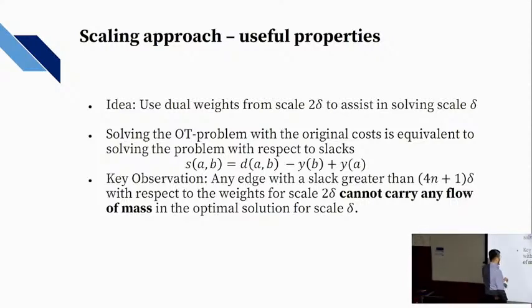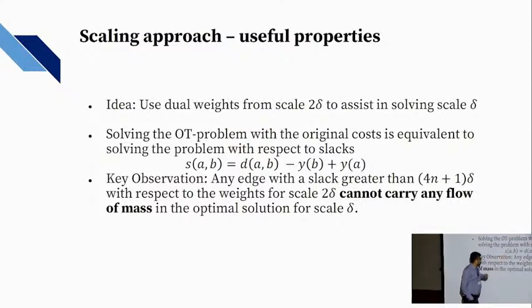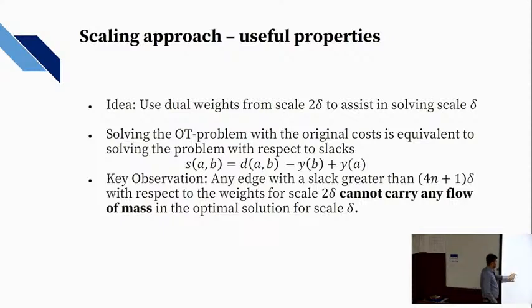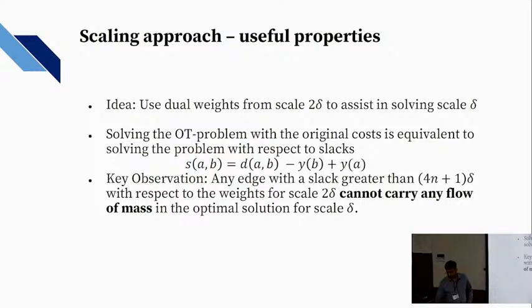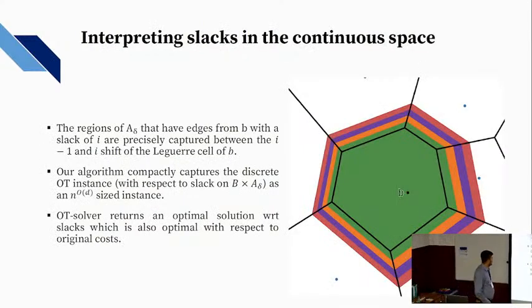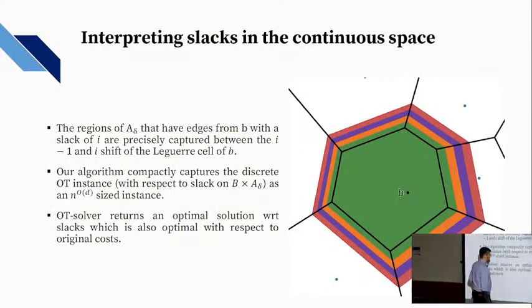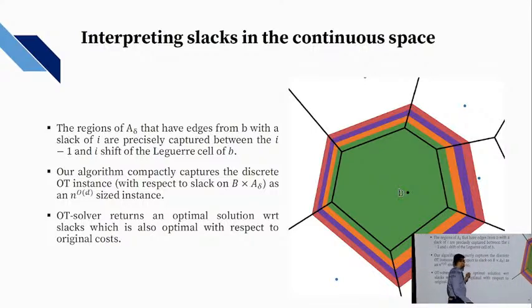So you can replace your cost with the slack, and the key observation we make is that in the slack space, if any edge has a slack greater than 4n plus 1 times delta, then it cannot carry any mass in the optimal solution for this scale. Okay.